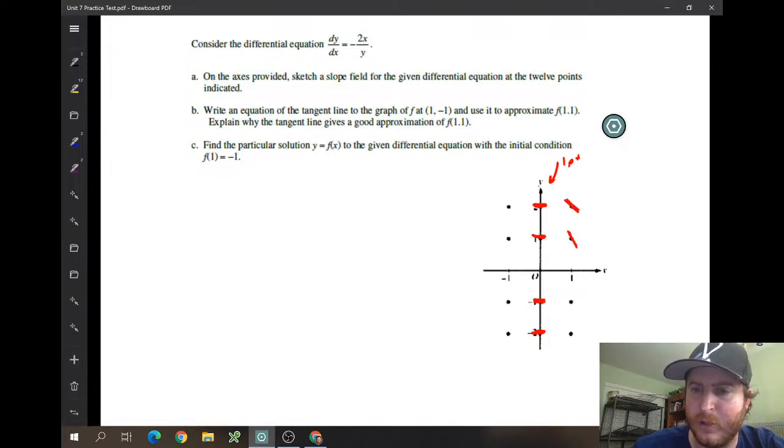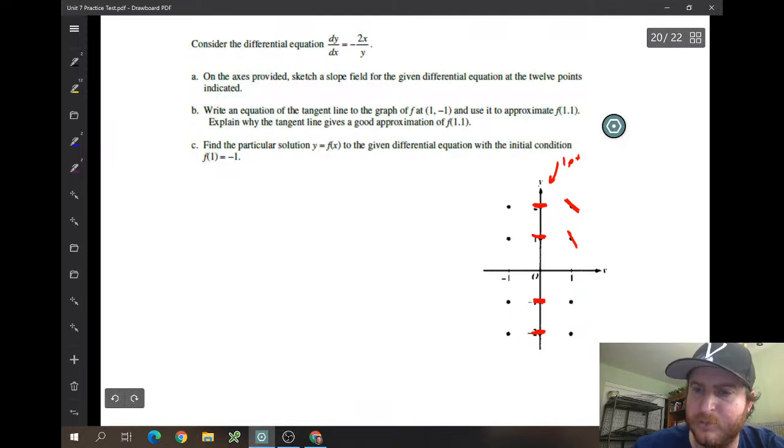Now again, it doesn't matter if it matches exactly, as long as this guy was steeper than that guy. Okay, next, 1, negative 1. So negative 2 times 1 is negative 2, over negative 1 is positive 1. So up 1 over 1, kind of connecting something like that. And then this guy will be plugging in 1. Negative 2 times 1 is negative 2, over negative 2. I think I did that backwards.